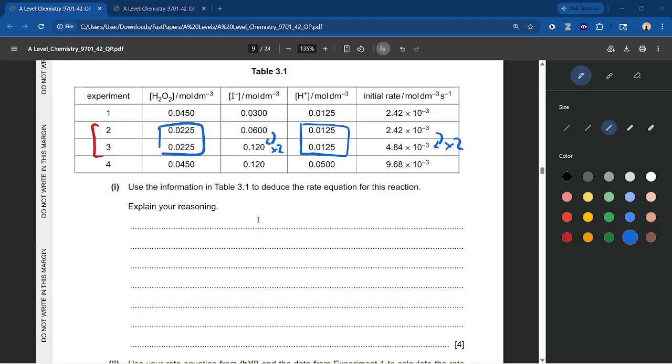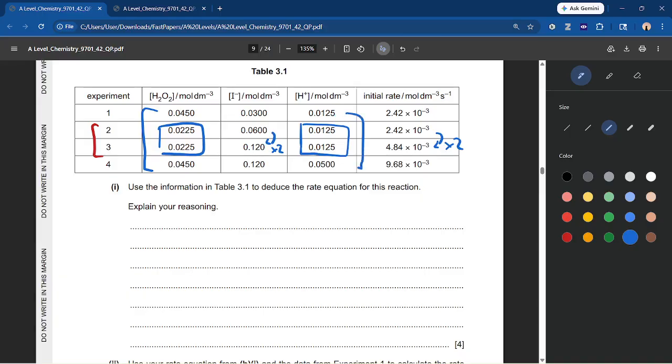So now let's take a look at hydrogen ions. Because we already know what happens with iodide, where the rate doubles, and because the hydrogen peroxide is the same amount, let's take a look at the first experiment and the fourth experiment. So these two are the same.